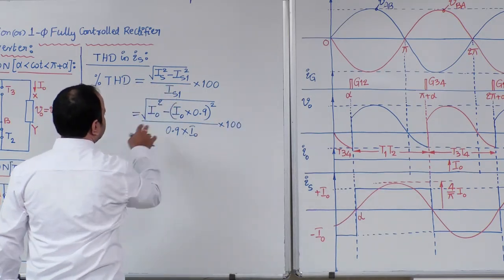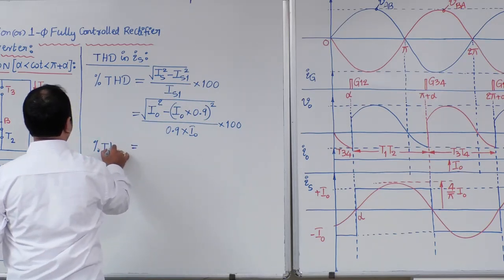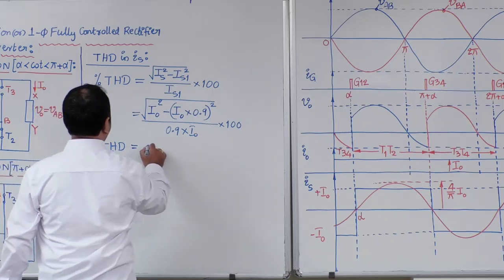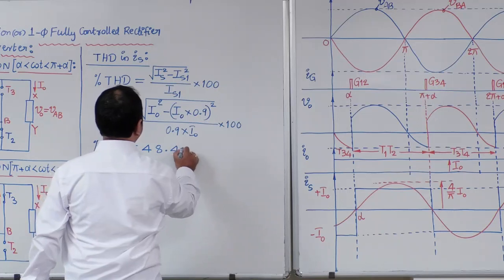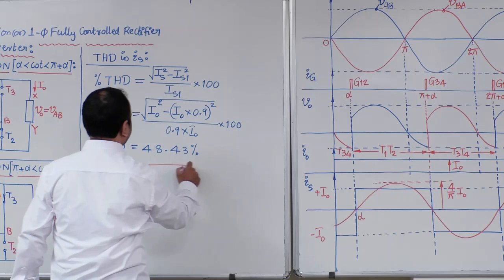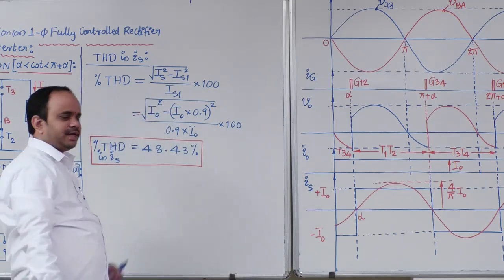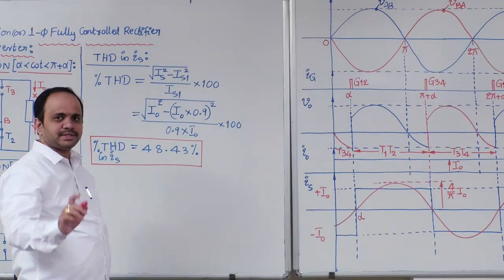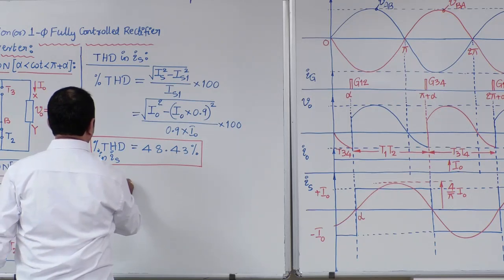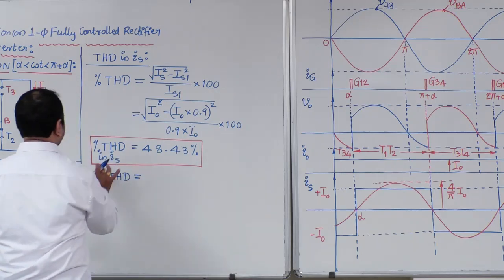If you calculate this value, a very important conclusion: percentage THD in source current is 48.43%.